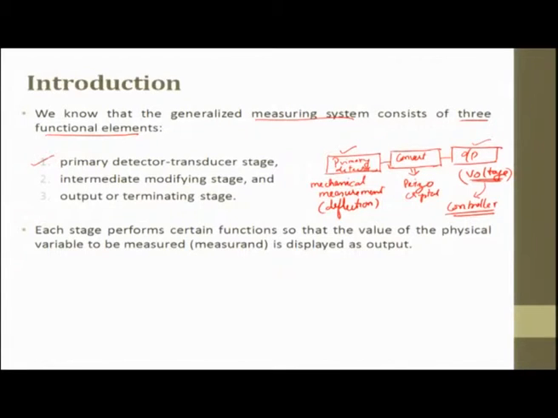One is primary, second is the intermediate modifying stage, and the third one is the output or the terminating stage. Each stage performs certain functions so that the value of the physical variable to be measured is displayed as output.